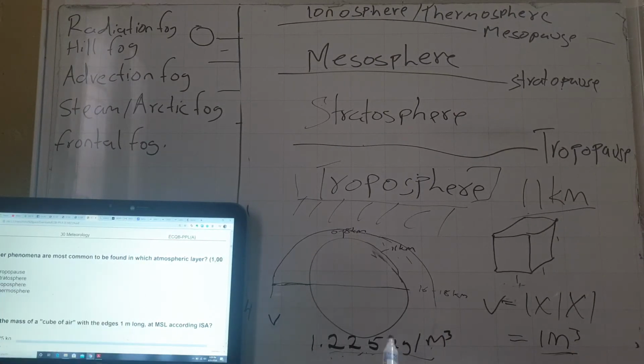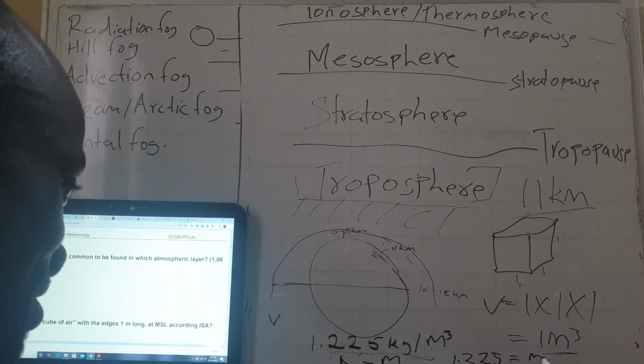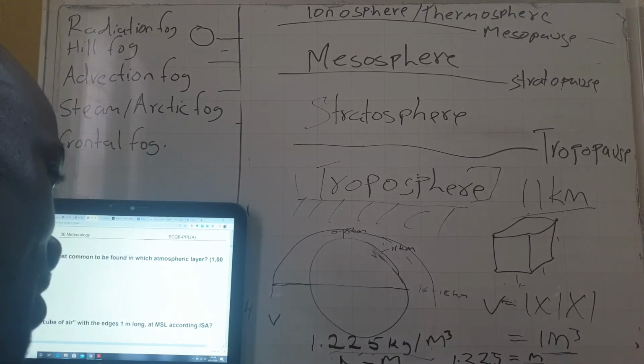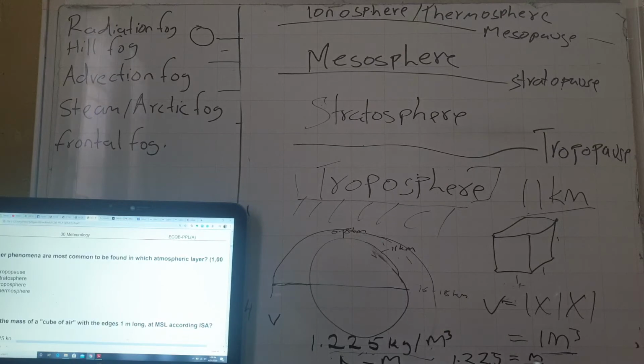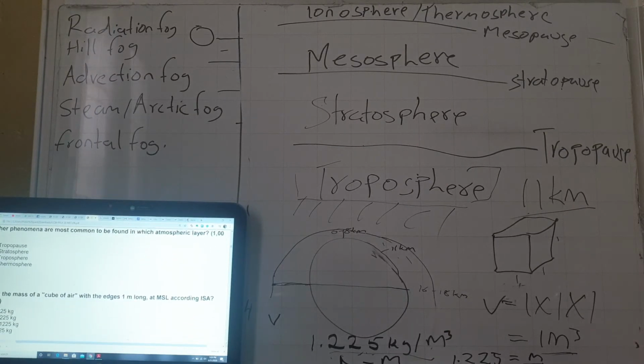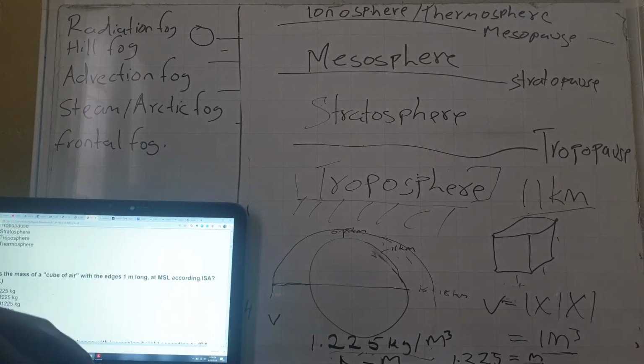We know the density equals mass over volume. So we have the density, which is 1.225, equals mass over the volume, which is 1. So our mass is 1.225 kilograms. As simple as that.